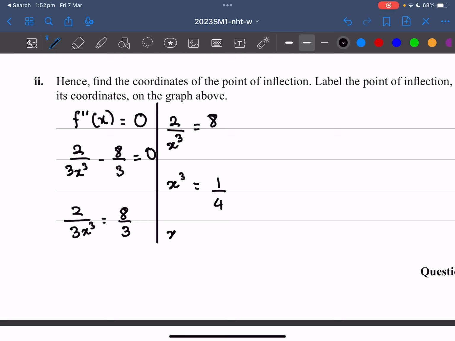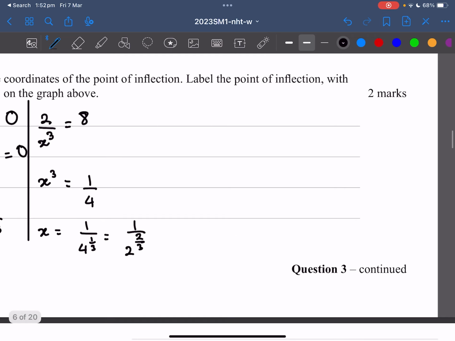And then we will get x is equal to 1 on 4 to the power of 1 on 3. So that is just expressing cube root essentially. And we can also write this as 1 on 2 to the power of 2 on 3, right? Okay. And lastly, once we have the x coordinate, of course we have to find the y coordinate, so we just substitute that back.